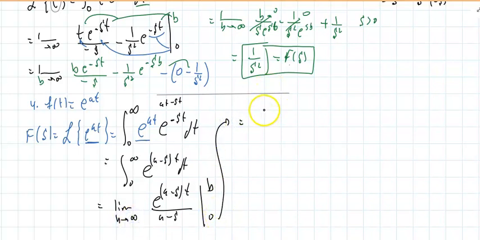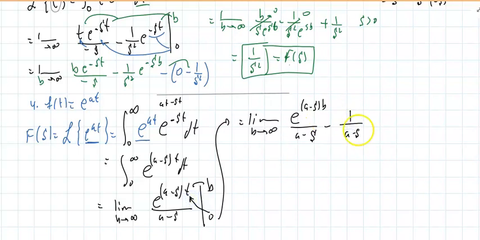That would equal the limit as b approaches infinity of e to the (a minus s)b over a minus s, minus, if you put the 0 in for t, e to the 0 is 1, over a minus s.